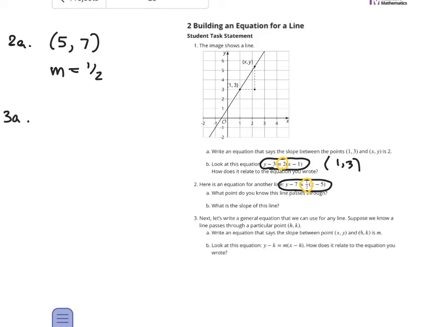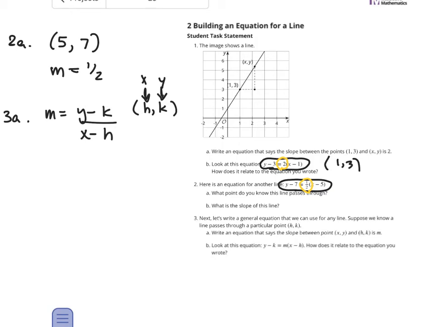Next, let's write a general equation we can use for any line. Suppose we know a line passes through a particular point h comma k. Write an equation that says the slope between points x, y, and h, k is m. Well, we can say m equals y minus k over x minus h, because we're going through h comma k. That's my x1 and that's my y1.